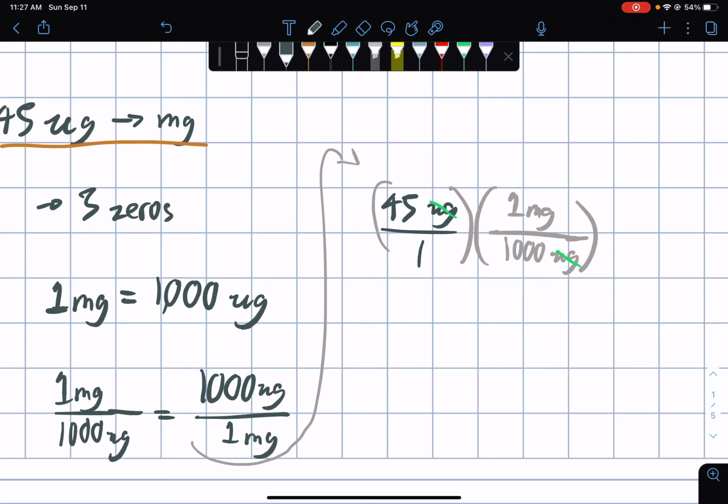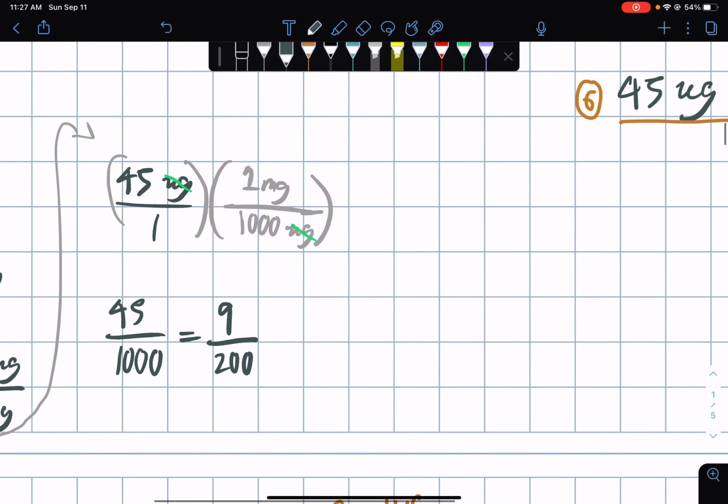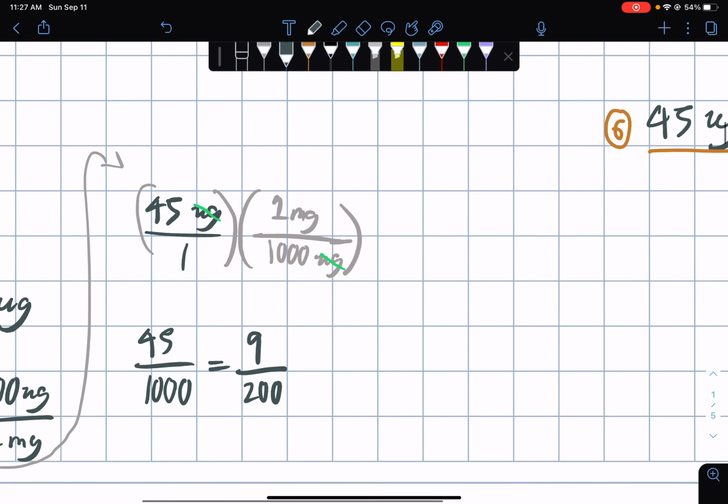Cancel the microgram unit. So we have 45 over 1,000. You divide both the numerator and denominator by 5, and we get 9 over 200. And as stated in the previous video also, it is crucial for the answer to be in decimal form, not in fraction form.